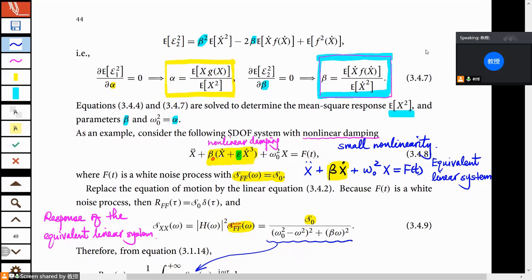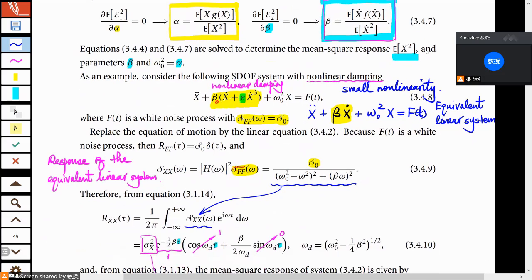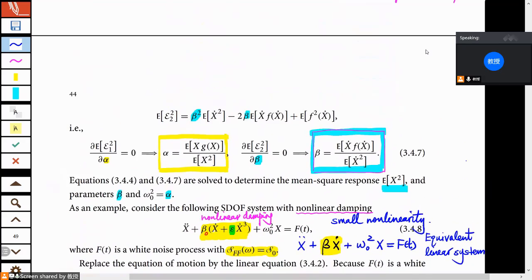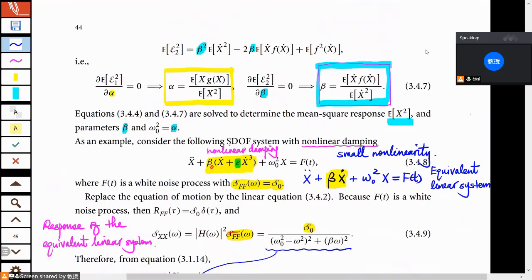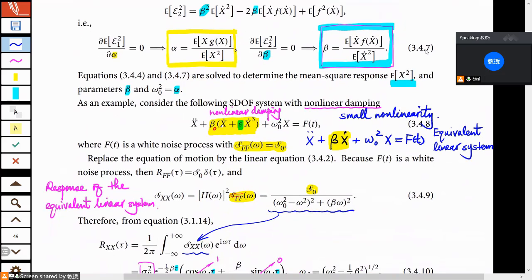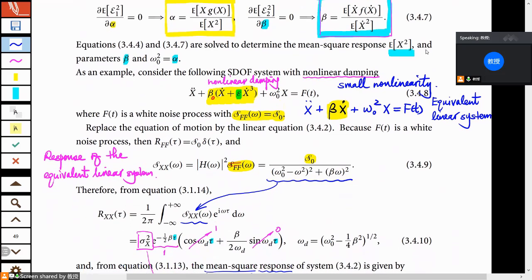We always use a small parameter epsilon so that you know the order of the terms. Sorry about the changes, and it's better that you go through this example after lecture.